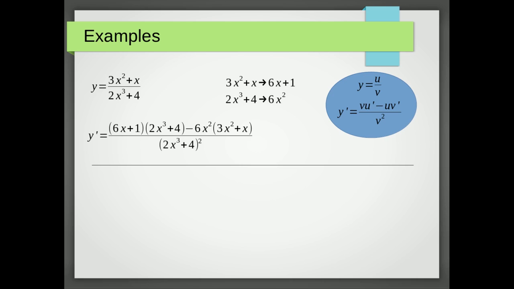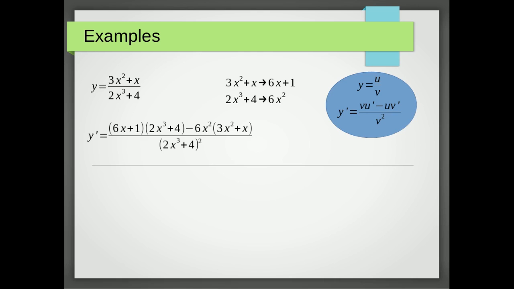So I get y dash equals 6x plus 1, because that's the u differentiated, multiplied by v, which is 2x cubed plus 4, minus, because that's what it says in the formula, 6x squared, because that's what we get when we differentiate the denominator, multiplied by 3x squared plus 2, divided by whatever the denominator was before, squared.